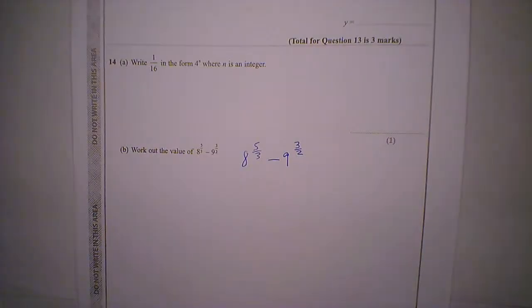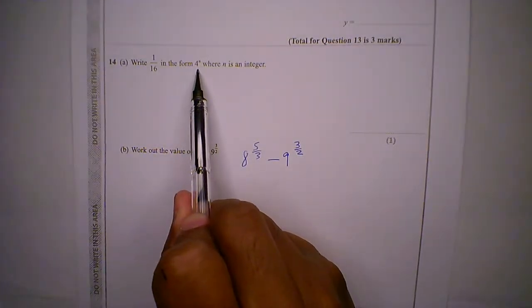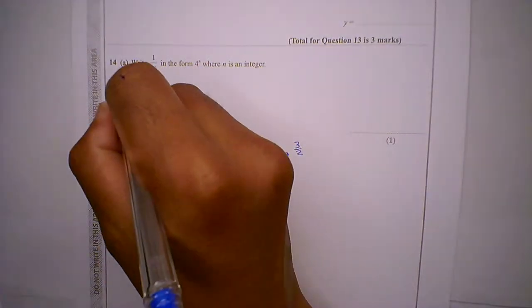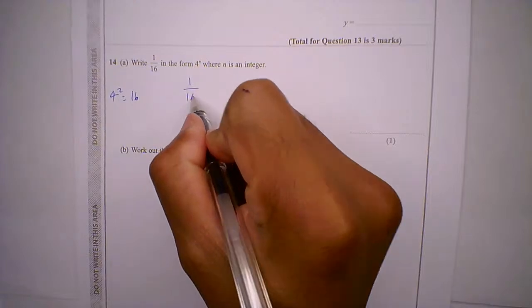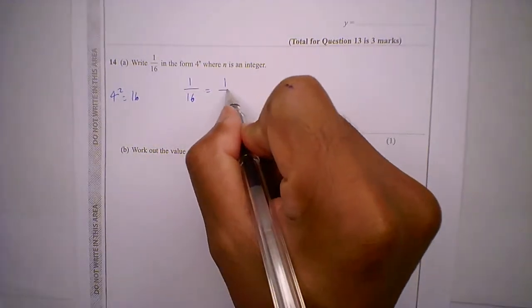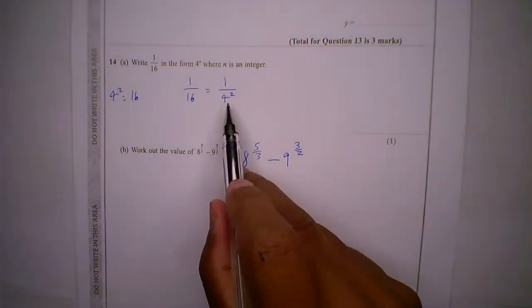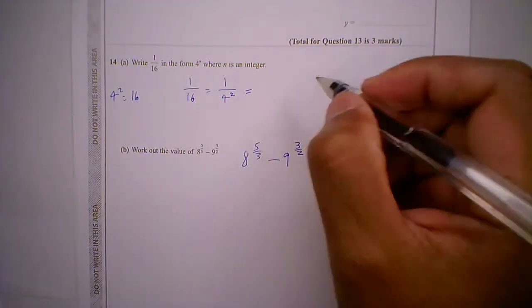So what I noticed is it's asking us to write in the form of 4 to the power n. And I realized that 4 squared gives me 16. So 1 over 16 equals 1 over 4 squared. Now 4 squared, remember it's at the bottom, the denominator.